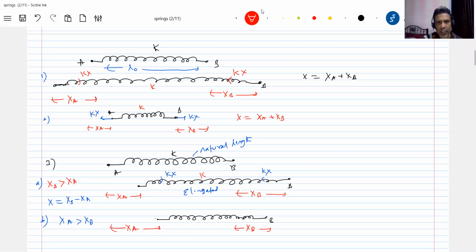So what is the state of the spring? The spring here got compressed, since B has more displacement than it. So the spring got compressed, in the sense that the spring force should act away like this. So here I'll show it so that it will be clearly visible for you.